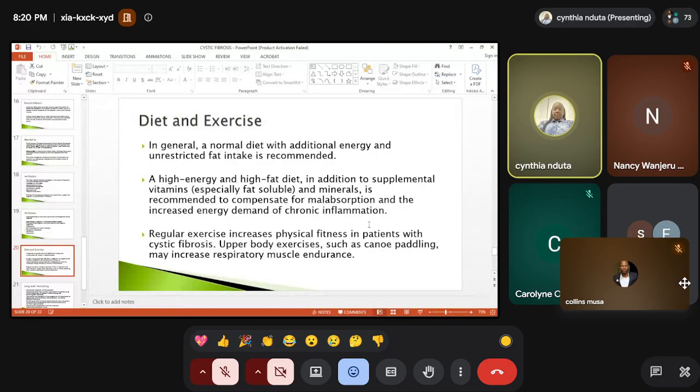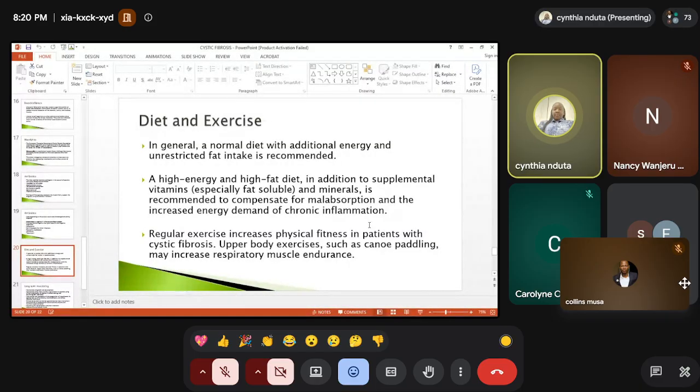In fact, these patients actually benefit from dietary supplements, from some types of products. Depending on the level of malnutrition, some of them may find themselves requiring TPN, but we usually hope that we do not get there because of malabsorption.